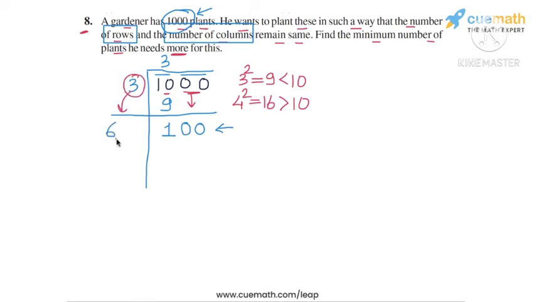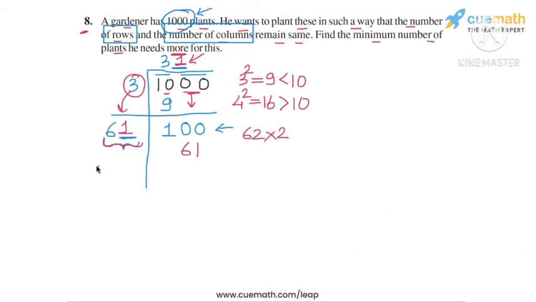Now we have to find the largest digit that will go here to the right of 6, and that will also go as the second digit in the quotient, such that the product of this whole second divisor and this digit is less than or equal to 100. And that largest possible digit is 1. So 61 into 1 is equal to 61. And you can see that if you had taken the digit 2, then 62 into 2 would exceed 100. So we have to go with 1.